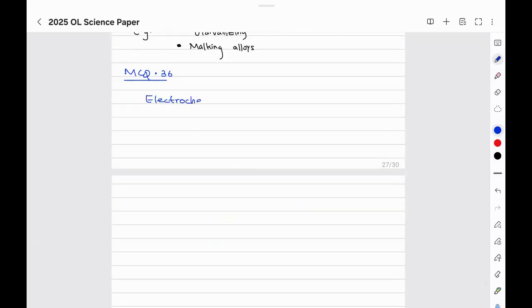Remember, electrochemical cells means they are converting chemical energy into electrical energy. Chemical energy into electrical energy.